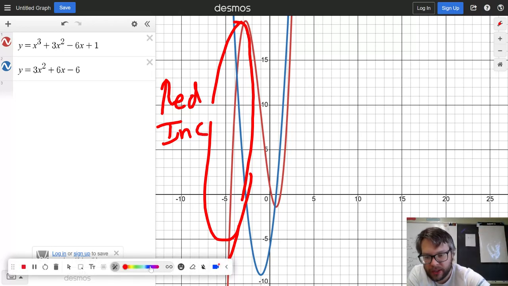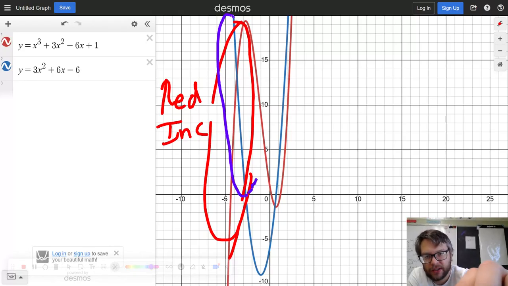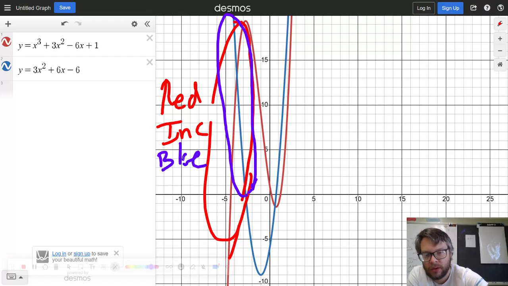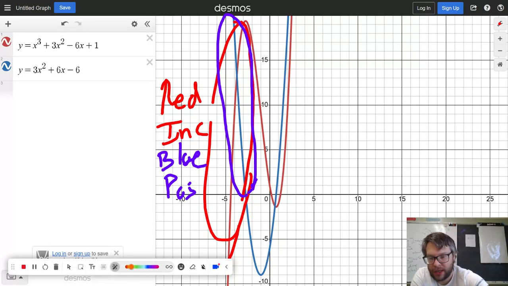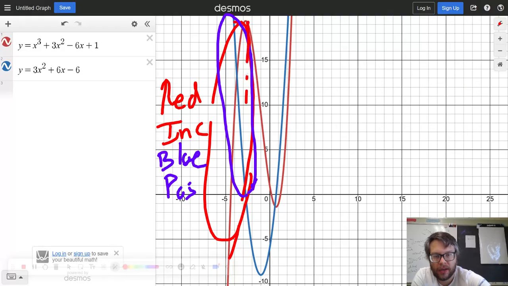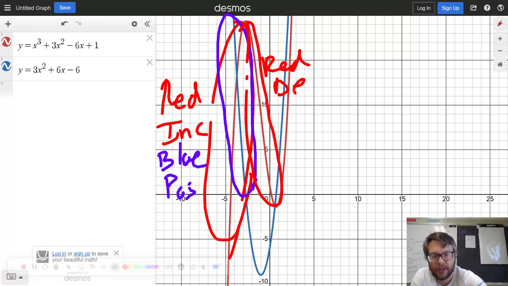And what I want you to notice is that in that same exact zone of x values, the blue is positive. Because when a function is increasing, another way of saying that is its slope is positive. Then I want you to notice what happens next. From here to here, the red function is decreasing.